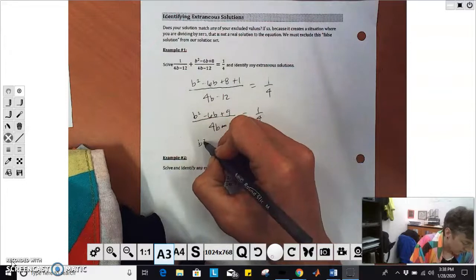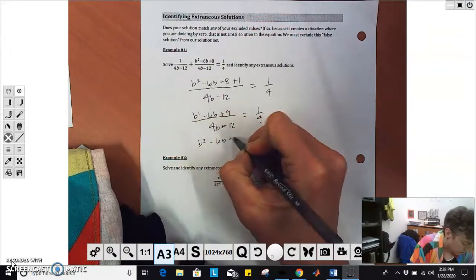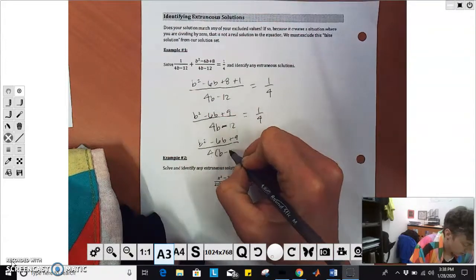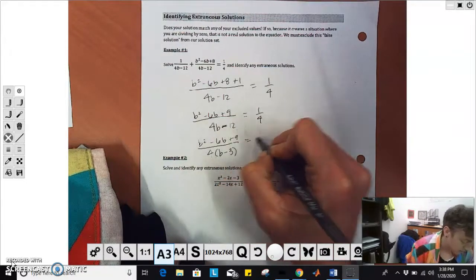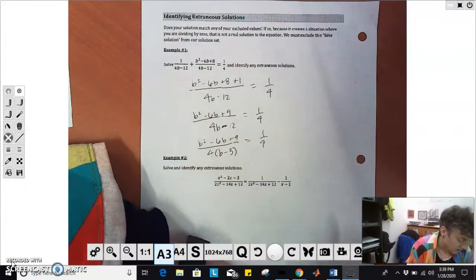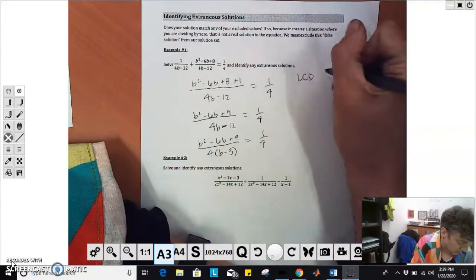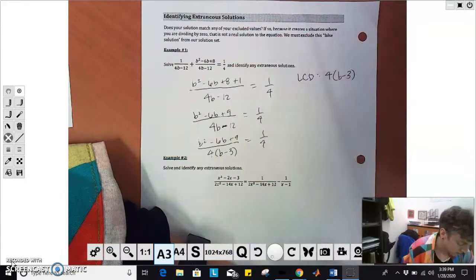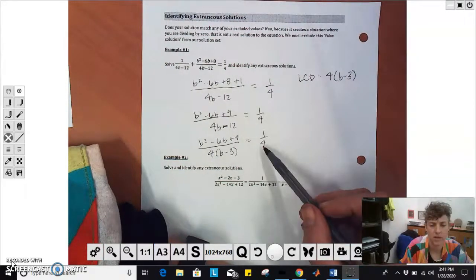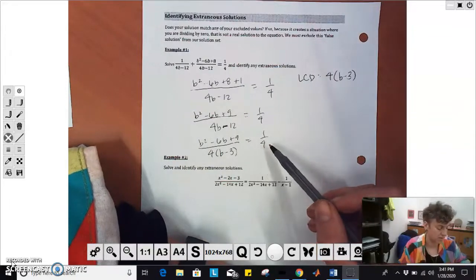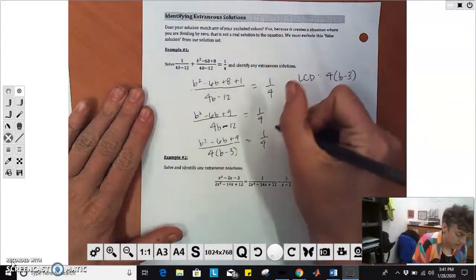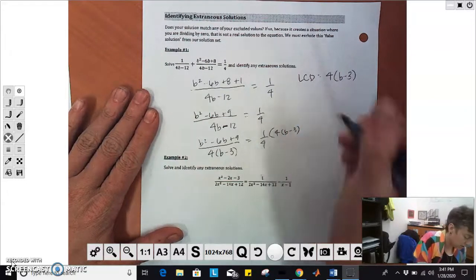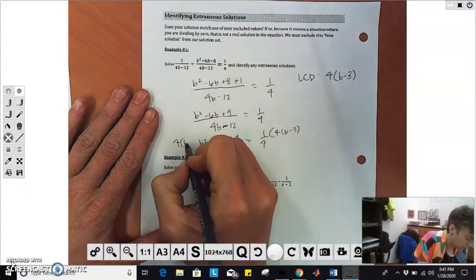So our bottom factors to 4 times b minus 3. So our lowest common denominator is going to be 4 times b minus 3, which means we need to multiply everybody by that least common denominator. 4 times b minus 3 and 4 times b minus 3.